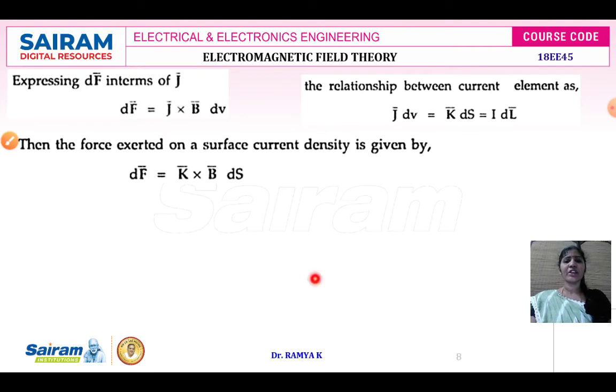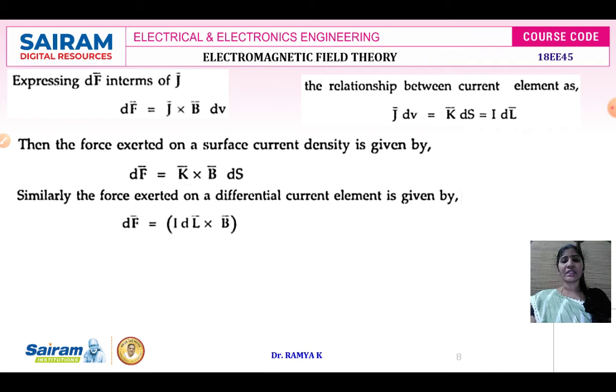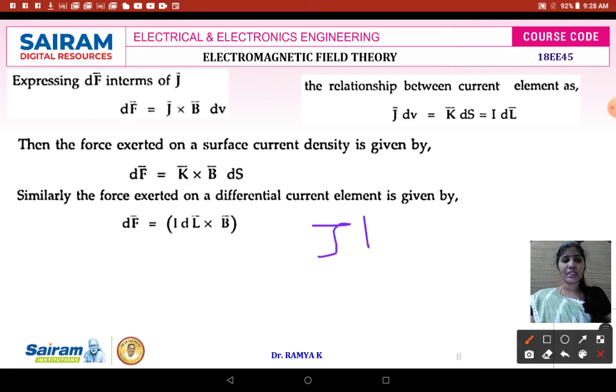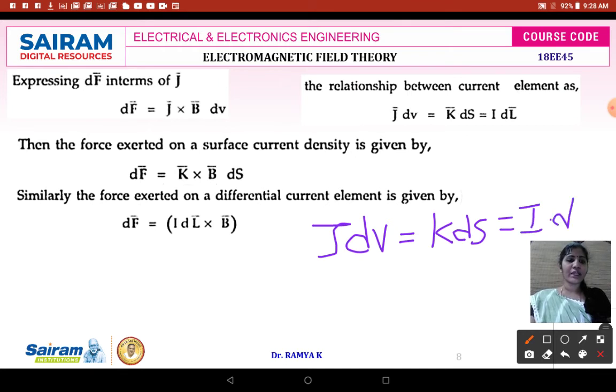Then replacing it, we will get dF is equal to K cross product with B, where K is nothing but your I into dl cross product with B into ds. Because J is your current density, J into dv we can write as K into ds, where K is nothing but I into dl. So in the place of K, you can replace it with I into dl, and ds can be taken as common.